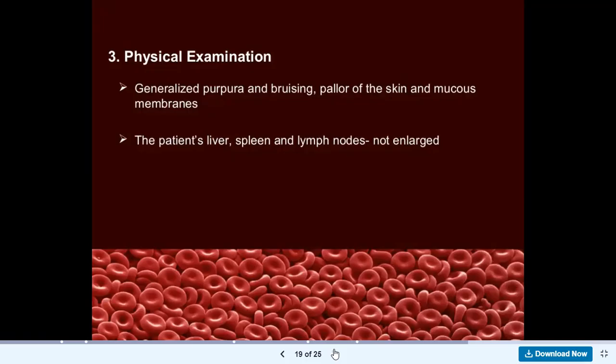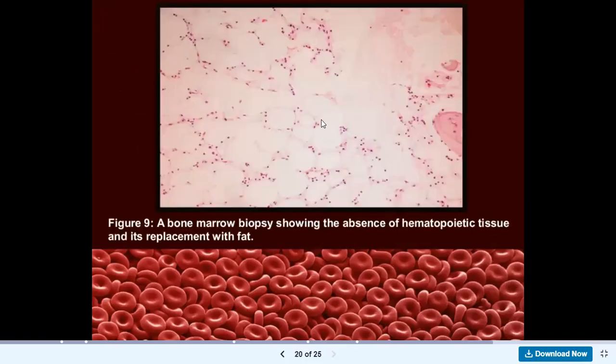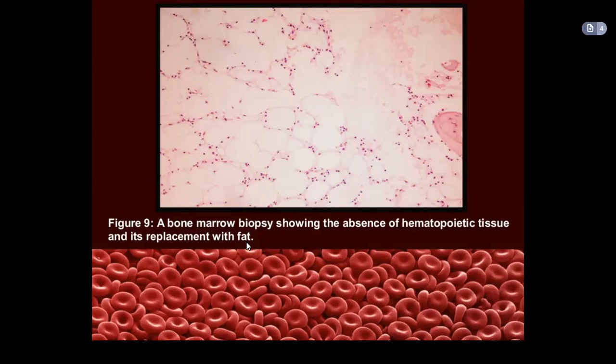And then this is the bone marrow picture. A bone marrow biopsy shows the absence of hematopoietic tissue and its replacement with fat. I told you before that in a patient with aplastic anemia, the bone marrow cells are replaced with fat.